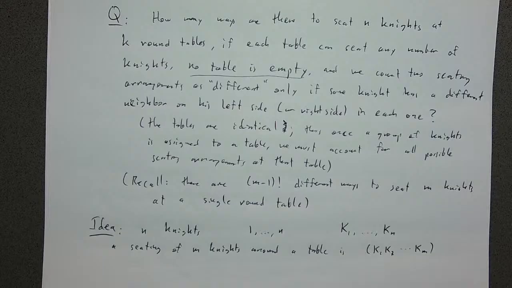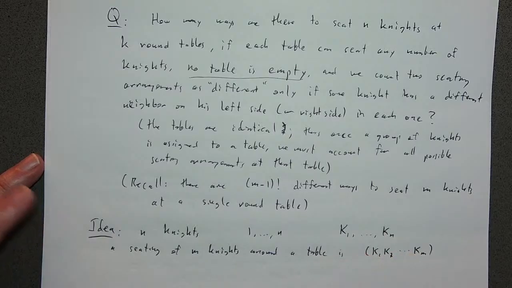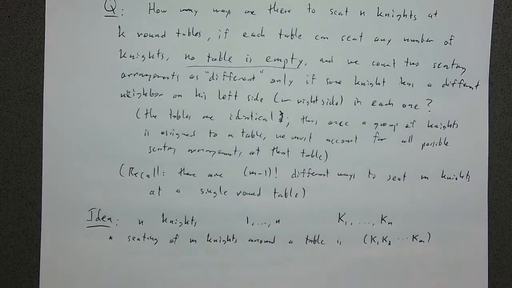now I'm really putting the labels on after the fact. So don't get confused that I'm saying any seating has to look exactly like this if we've already labeled the knights, but whatever, we've assigned a seating of m knights, and then we can label the knights in that arrangement 1 to m.